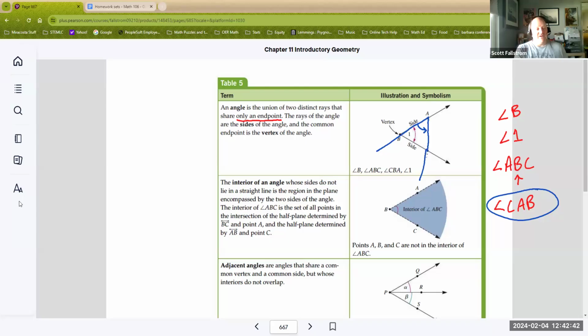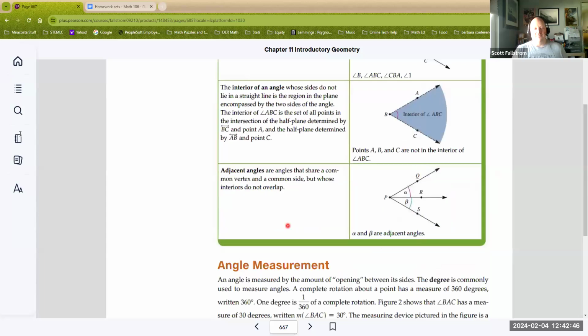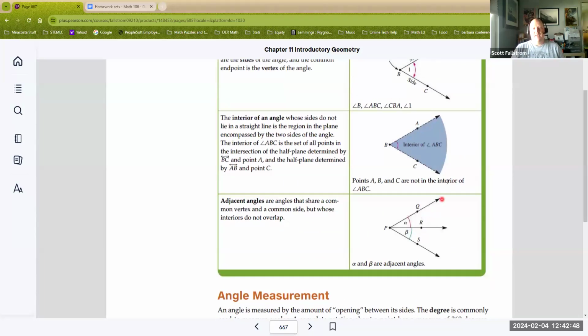So you will have to get precise with how you write it so that we are all talking about the same thing. Once you create an angle, if you think about those half lines, those rays, and say don't include them, the interior of the angle would be any point that is contained inside those rays.